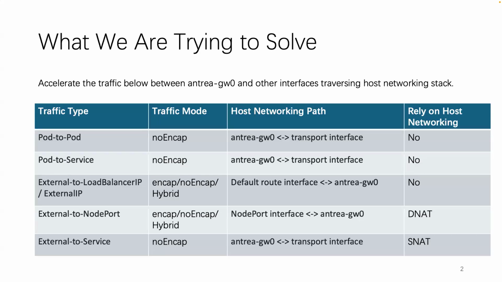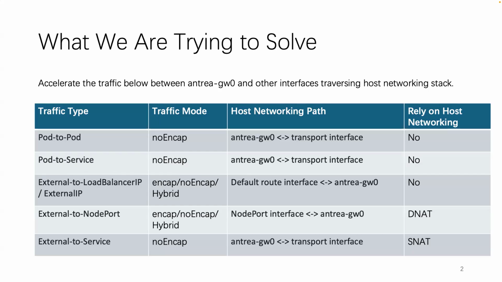What we are trying to solve is to accelerate the traffic between antrea-gw0 and other interfaces, like the transport interface and the default route interface, and all possible interfaces where NodePort serves on.